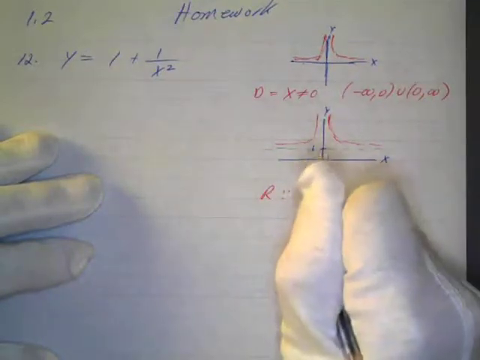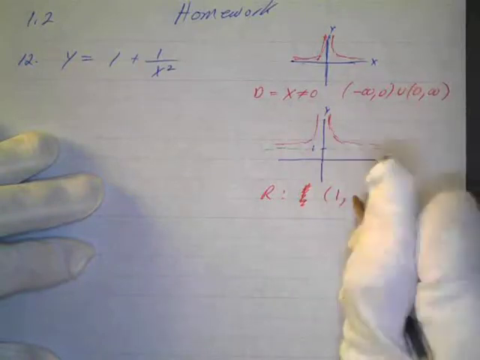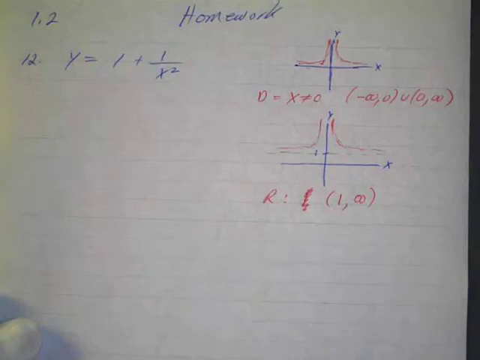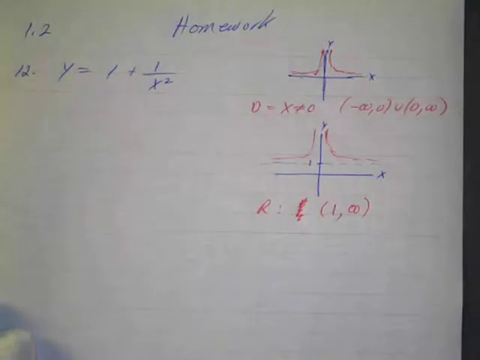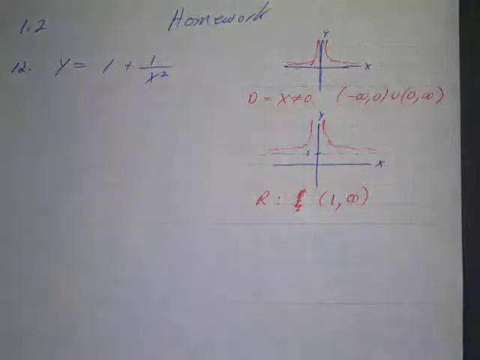I'll just scratch that out. And the range will be open at 1 and going up to infinity. Okay, so if that makes sense, that's number 12. There's your sketch.